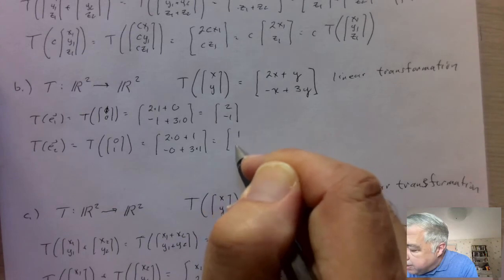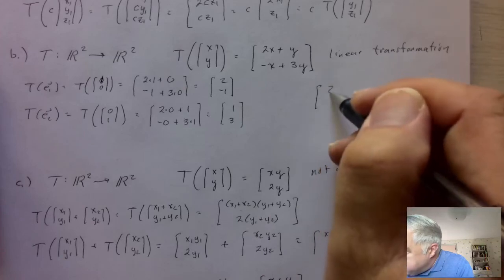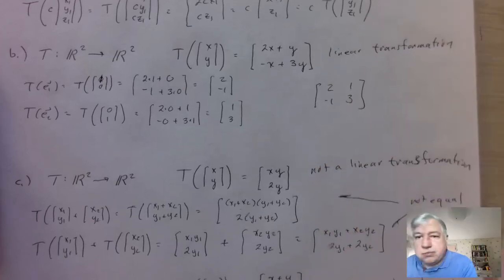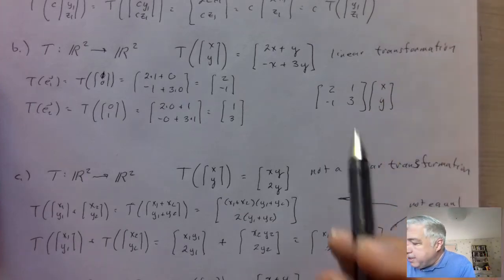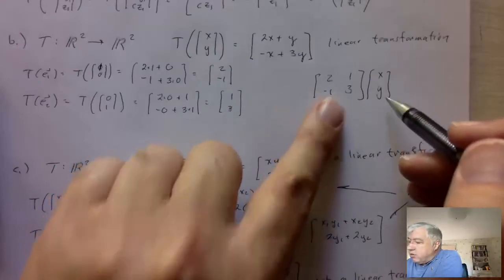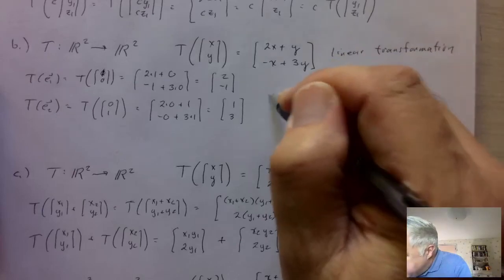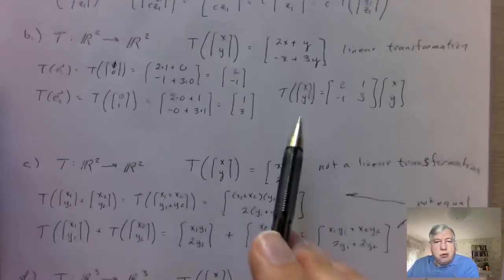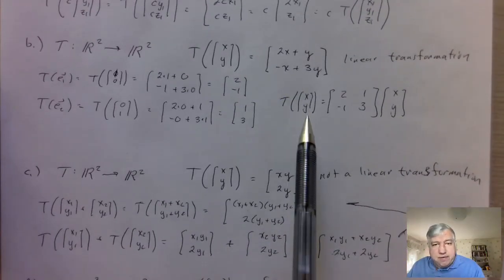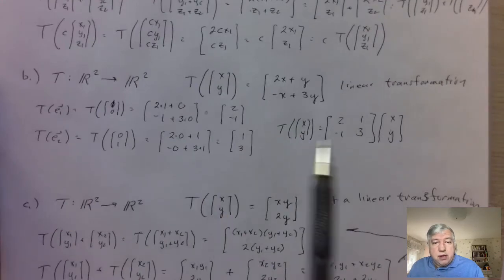So this would be (1, 3). So the standard matrix here would be [2 1; -1 3]. And sure enough, if you multiply this by (x, y), you get 2x plus 1y, and then negative x plus 3y, which is actually equal to this. So we can see that right here, T of v is a matrix times v, and that's always a linear transformation. In some cases it's pretty easy to see what the matrix would be.